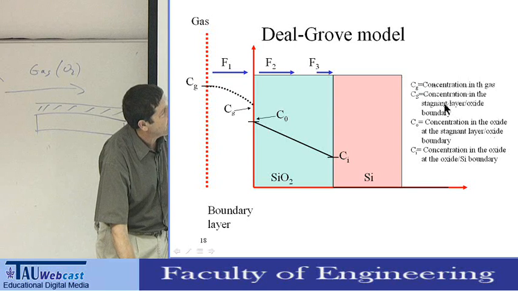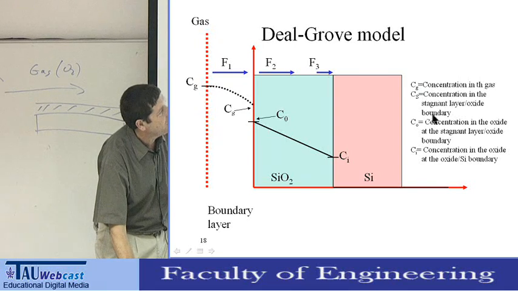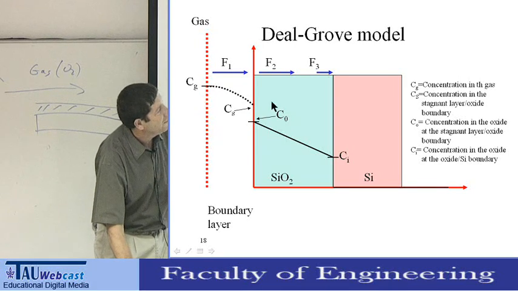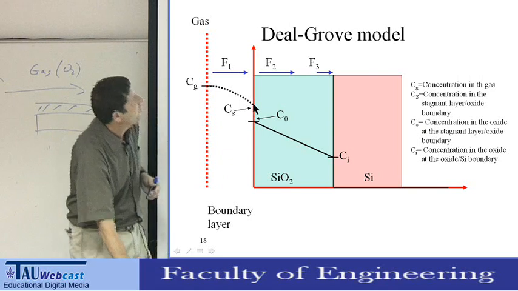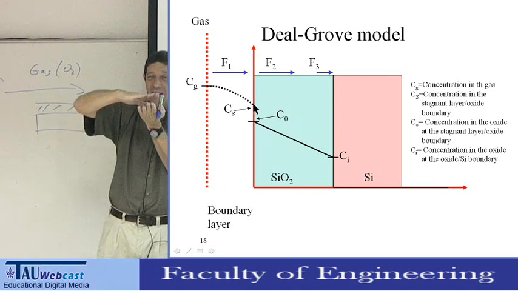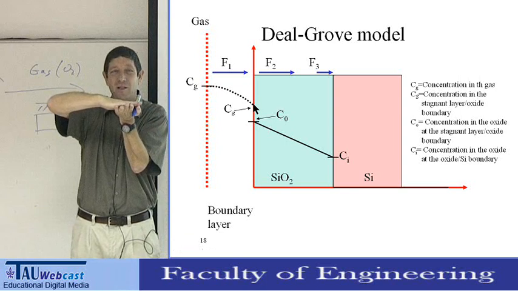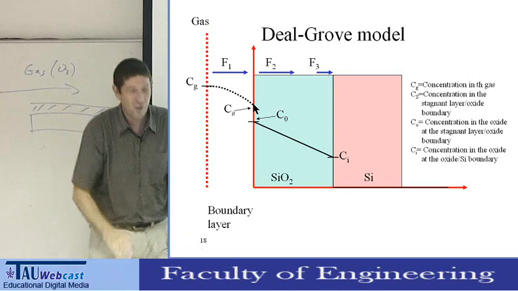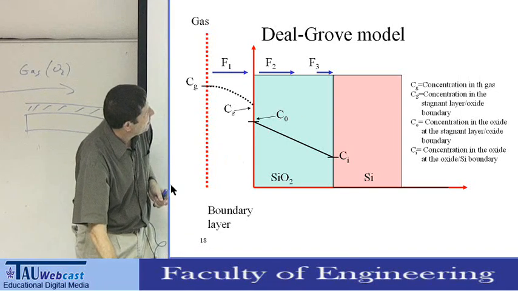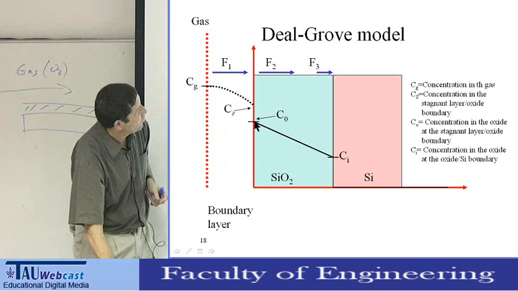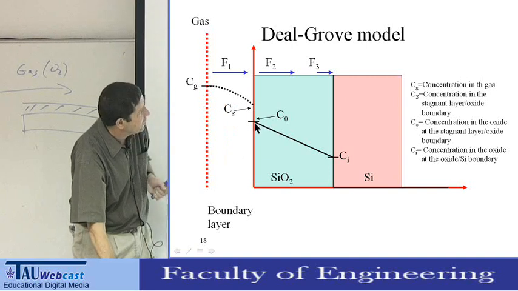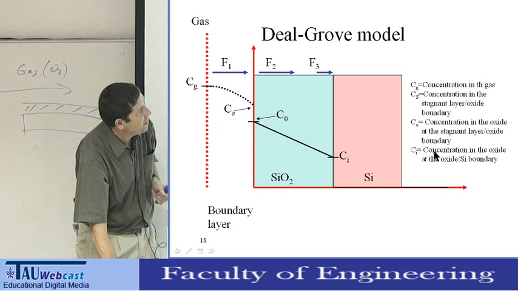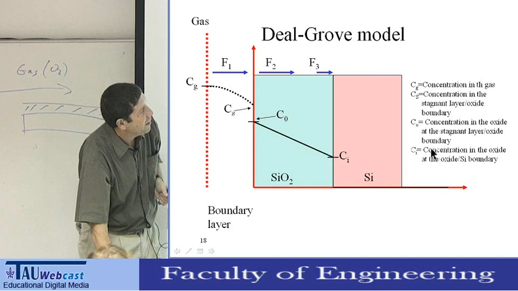Cs is the concentration in the gas right next to the silicon, at the stagnant layer oxide boundary. Now the concentration inside the oxide, C0, is less because of some solubility issues. C0 is the concentration in the oxide at the boundary, and Ci is the concentration in the oxide at the interface.